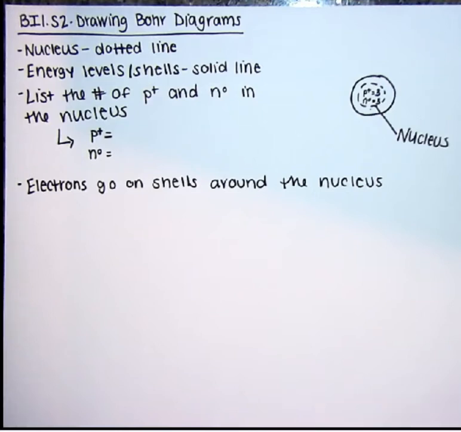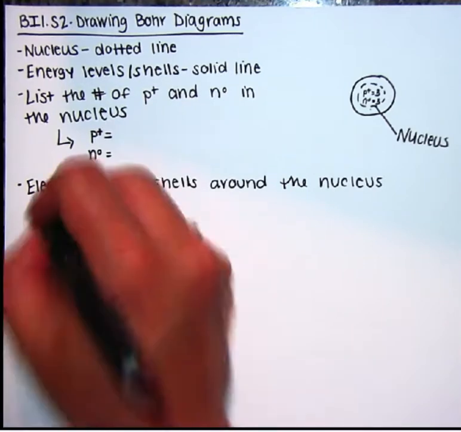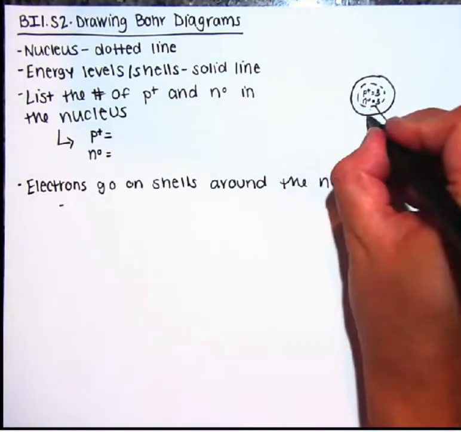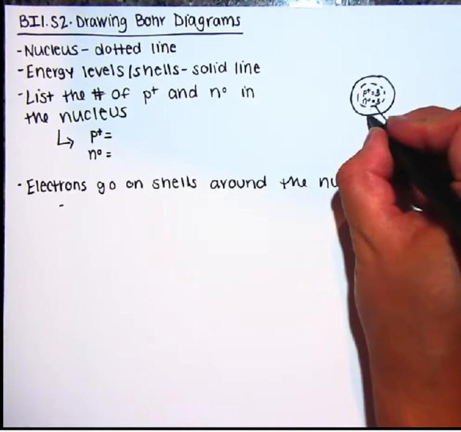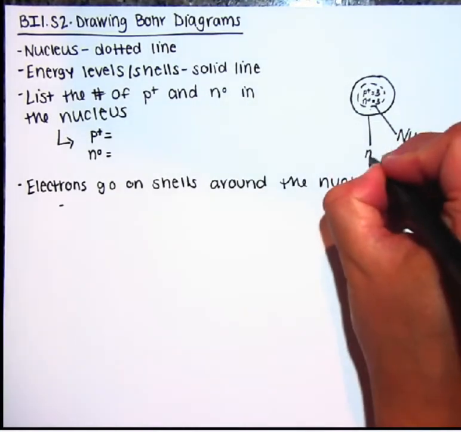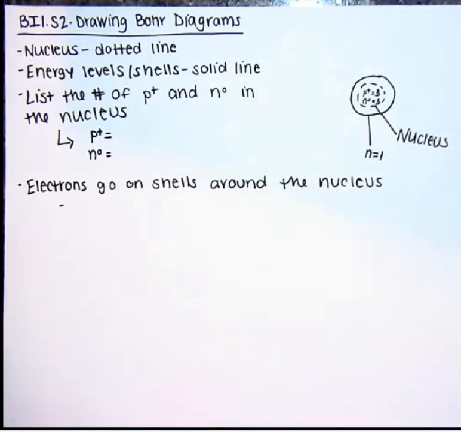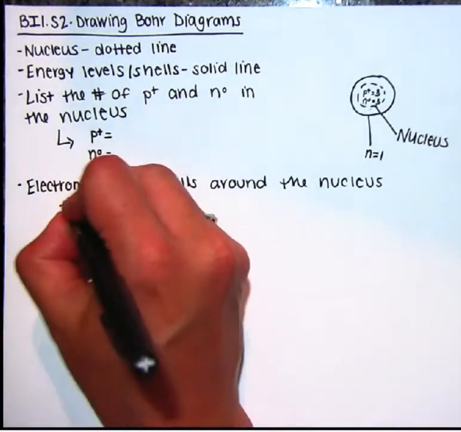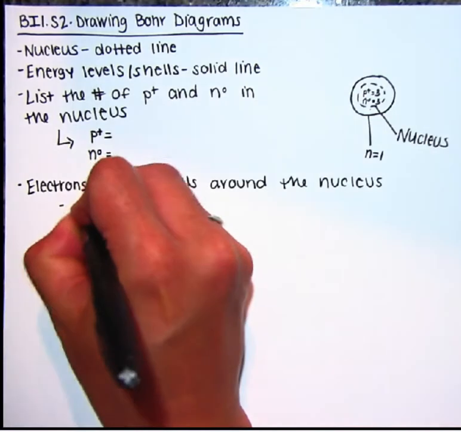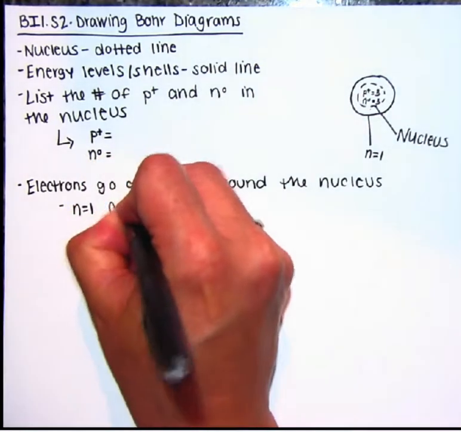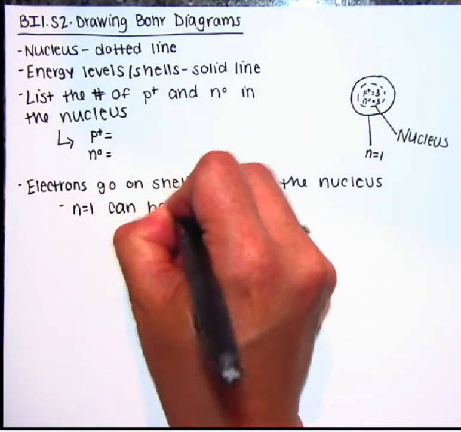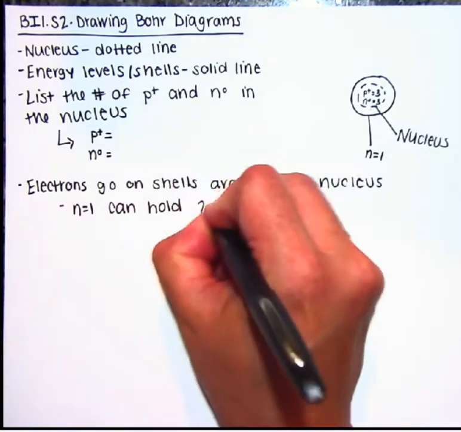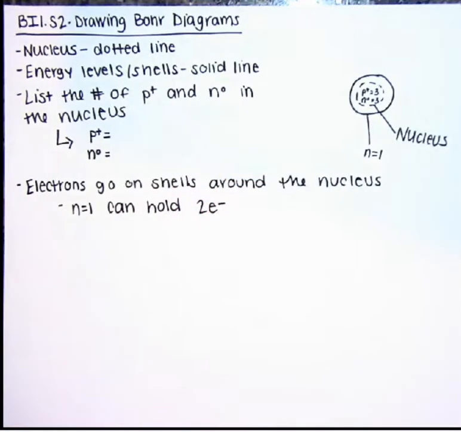He found that electrons are in energy levels. In this first energy level, we would call this n equals 1, the closest energy level to the nucleus. It can only hold a maximum of 2 electrons.